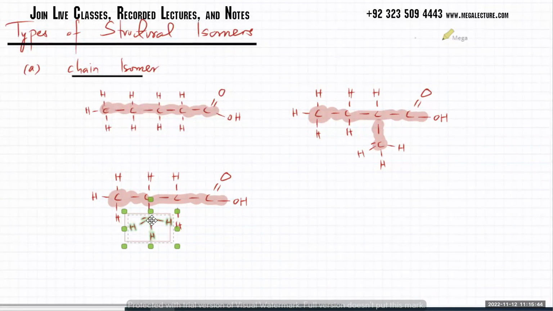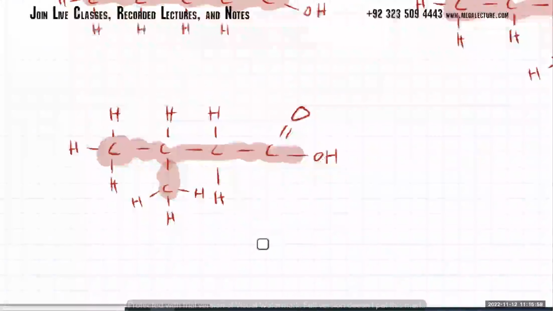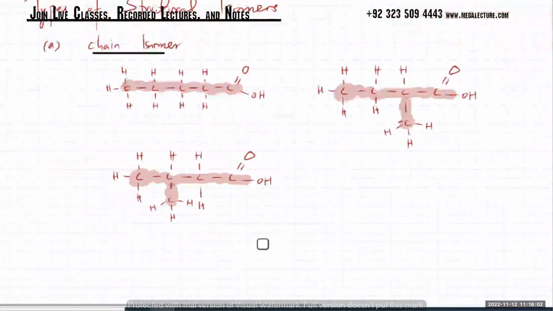So this carbon branch is now over here. तो ये आपकी branch यहाँ पे आ गया. That's also a chain isomer. Okay, so you could have another version of the same molecule.